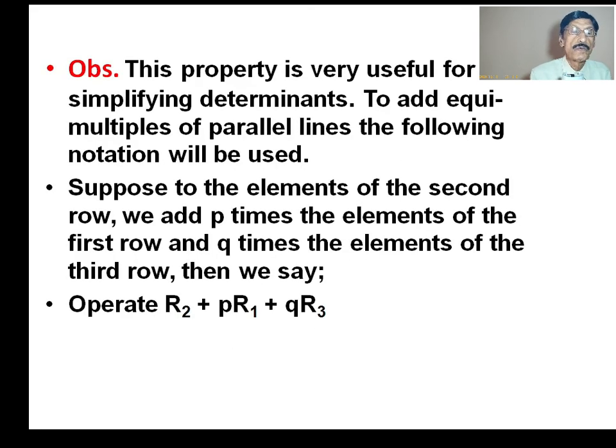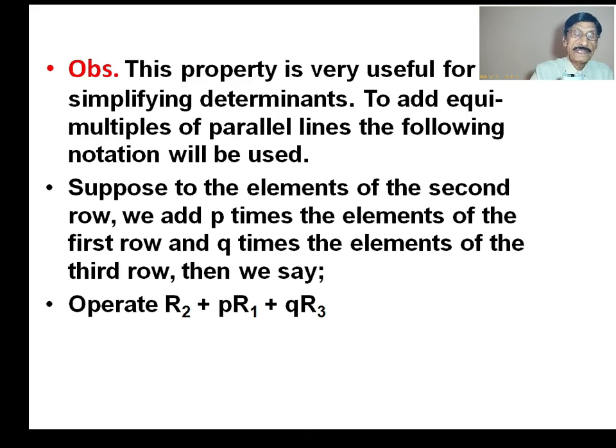Observation: this property is very useful for simplifying determinants. To add equimultiples of parallel lines, the following notation will be used. Suppose to the elements of the second row we add P times the elements of the first row and Q times the elements of the third row. Then we say operate R2 plus PR1 plus QR3.